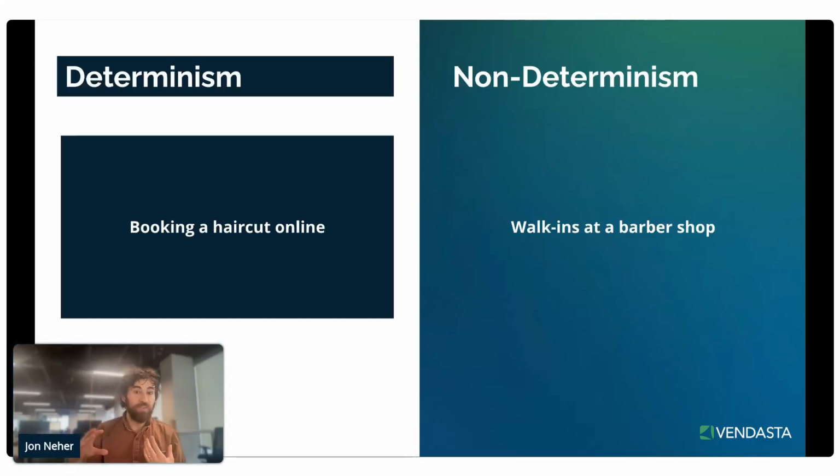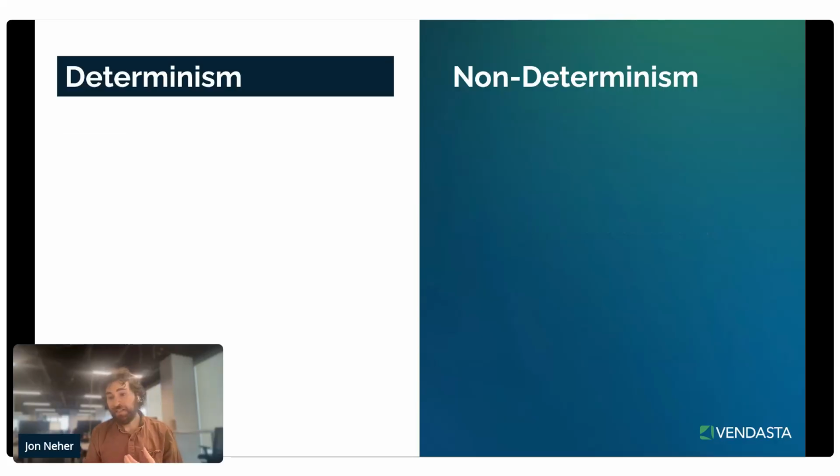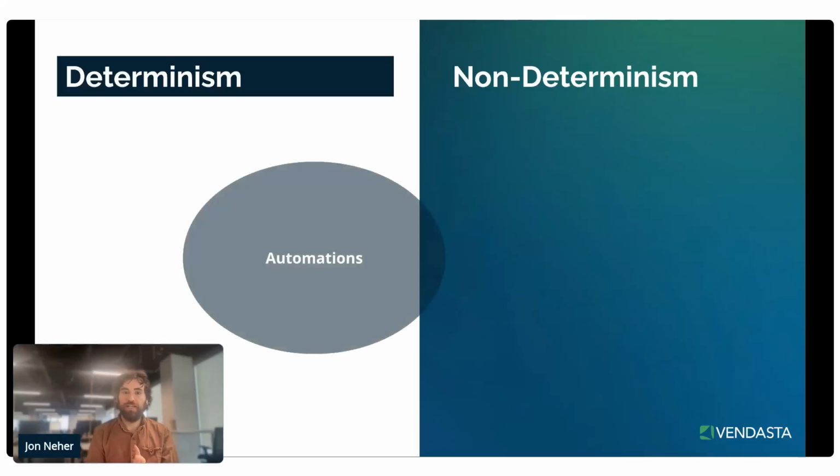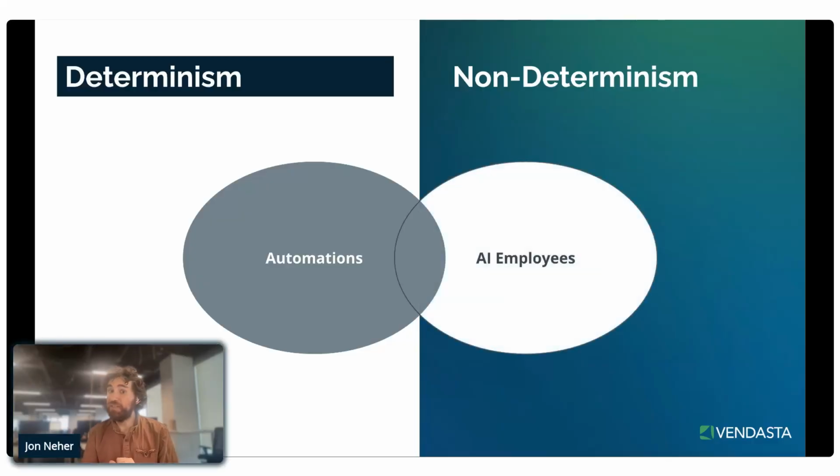But it's hard to sometimes find the balance between the two and get the best of both worlds. And that's really what we're trying to do by having AI employees work inside of automations. You have the deterministic things that happen, that this will always happen each and every time. And you have the non-deterministic things.